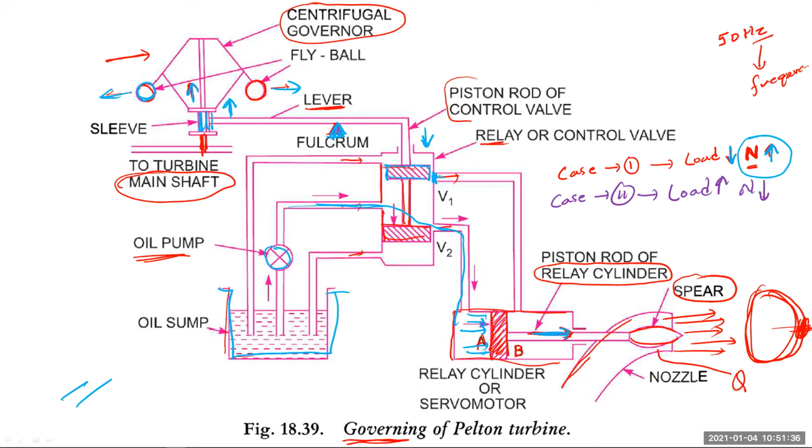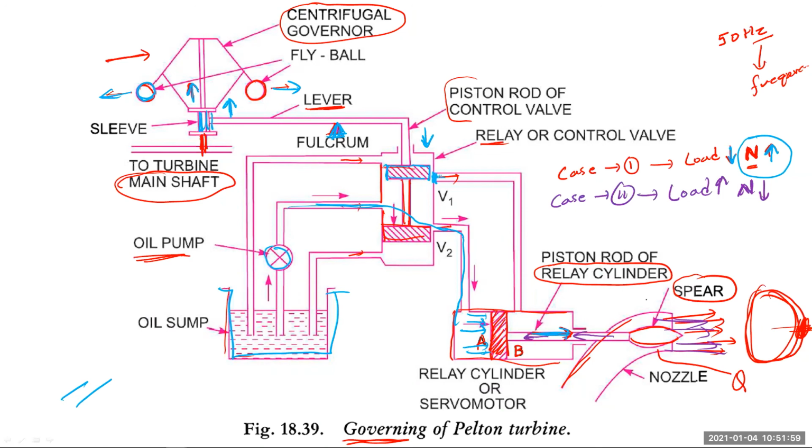So if speed will decrease below the desired level, then we need to increase the speed of this turbine. So we need more water to come outside from here and strike the blades of the turbine. So we will open it.